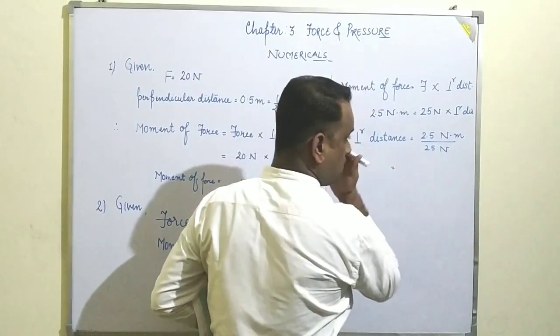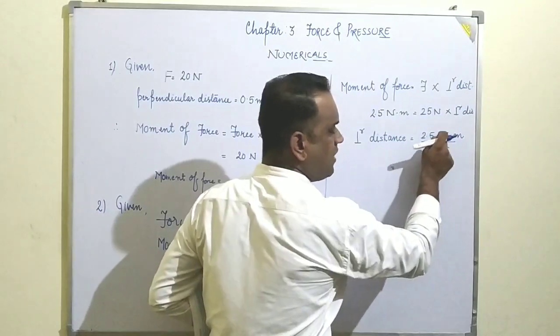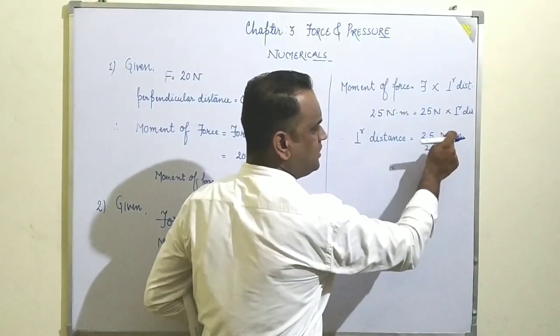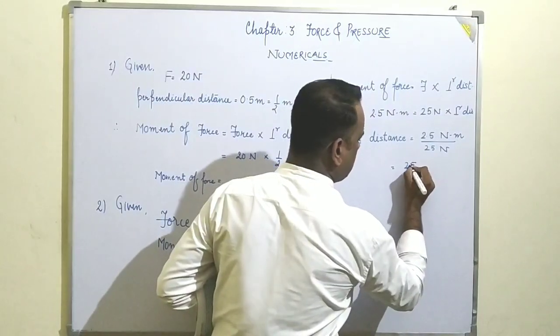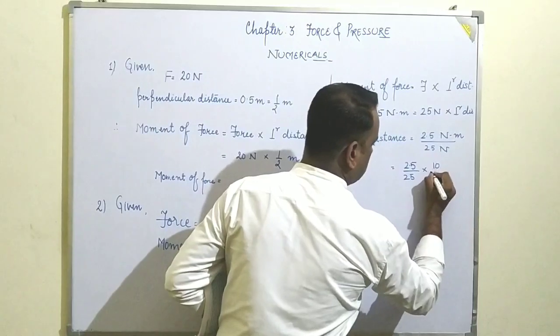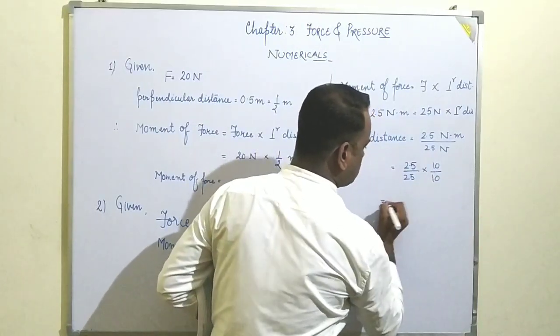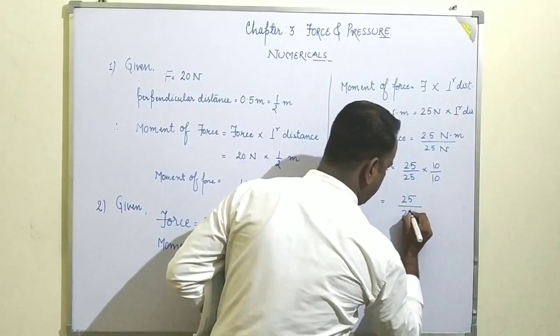To remove this decimal, we multiply the numerator and denominator by 10, so it will be 25 upon 250.